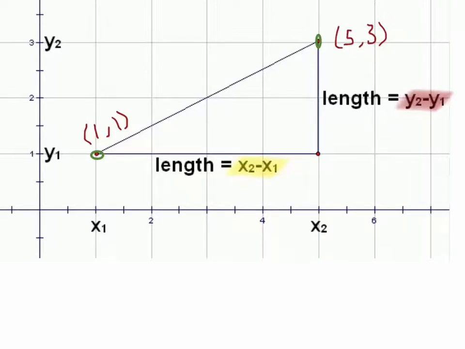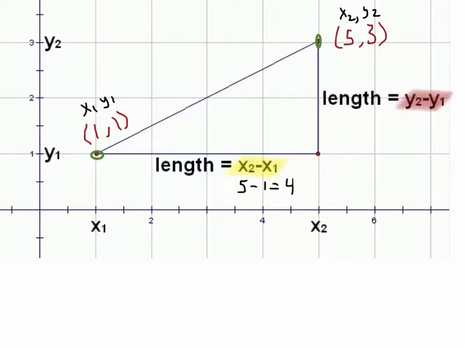So I'll call this x1, y1, and this x2, y2. So the length for the x's would be 5 minus 1, which equals 4.